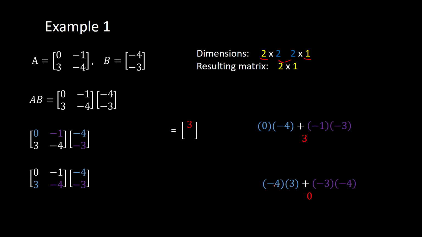And that 0 is going to go in the second row, first column, because we were multiplying the second row by the first column. So the 0 is going to go right there. My resulting matrix would be this matrix right here, the 3 and 0.